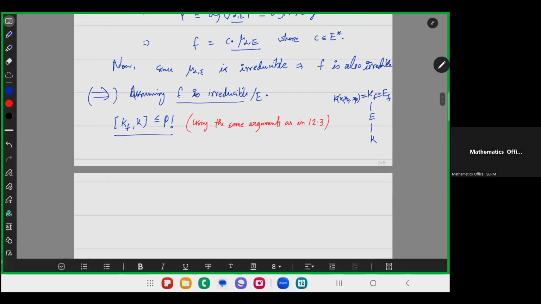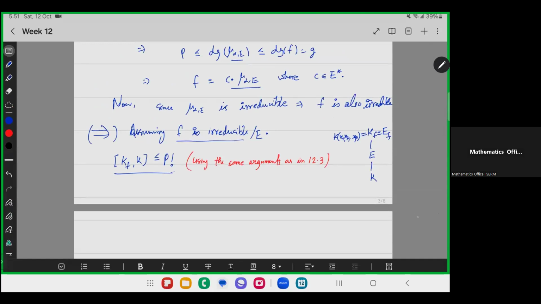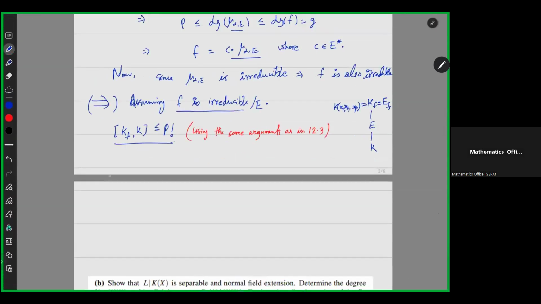Now, if possible, we assume, if possible, let me change the color so that this is important. Pause step.